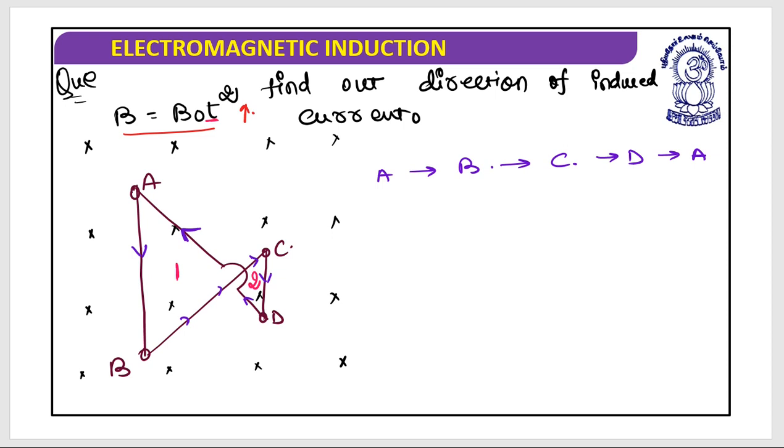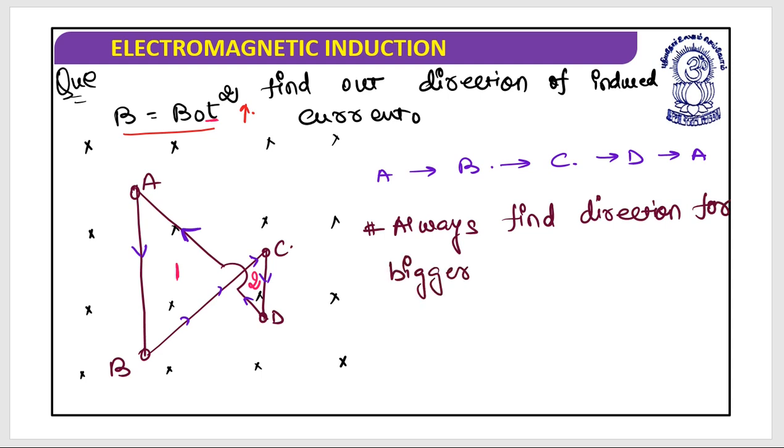Always keep in mind, I am even going to write this: always find the direction for the bigger loop. When I say bigger loop, I mean area-wise the bigger loop. Always find the direction for the bigger loop and then follow the flow of current.